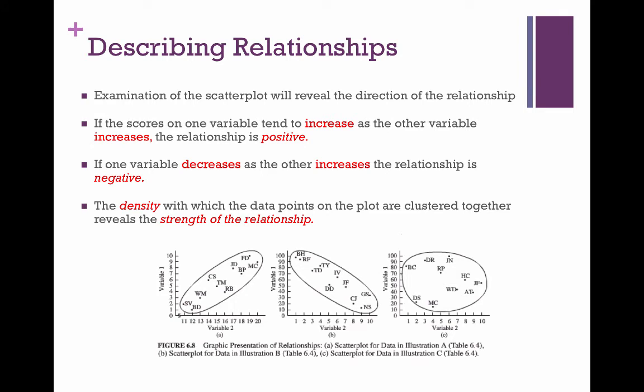So looking at scatter plots, we can look for relationships or correlations. If the scores on one variable tend to increase as another increases, like in A, we have a positive correlation. In B, if one variable decreases while the other increases, we have a negative correlation. And in C, we have no correlation, where there's much scatter. There's no relationship.